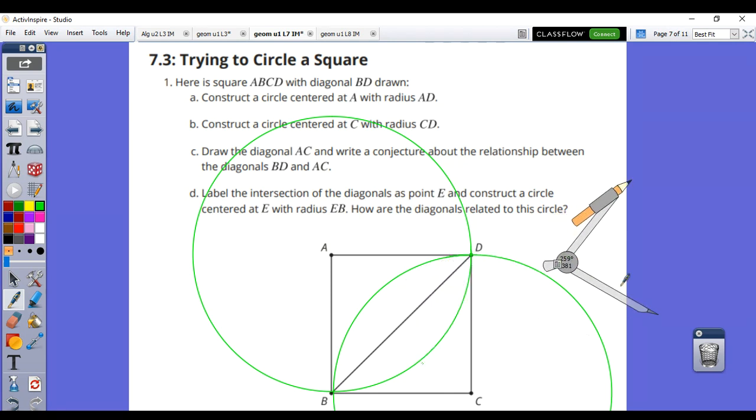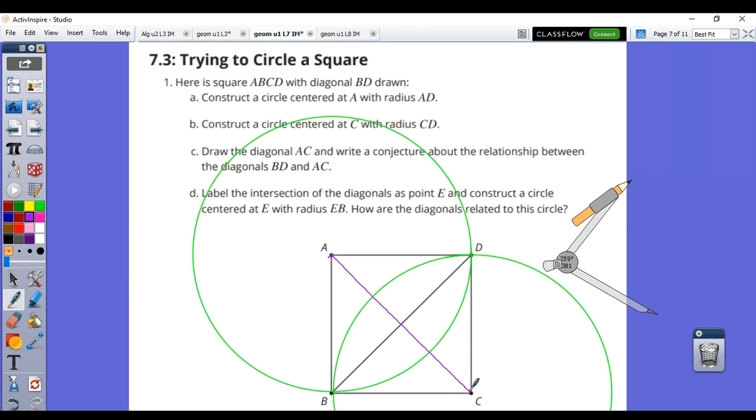Okay. Draw the diagonal AC and write a conjecture about the relationship between AC and BD. Line that up with my ruler that you can't see. So hopefully you've already done this and created a conjecture.